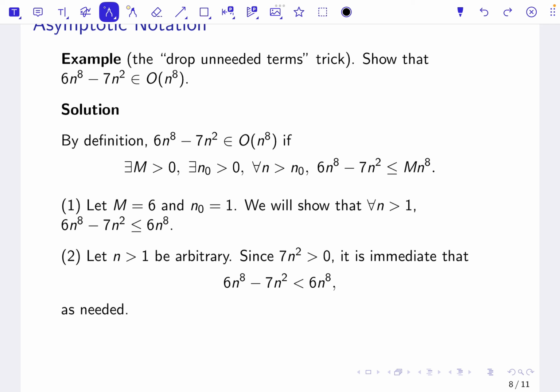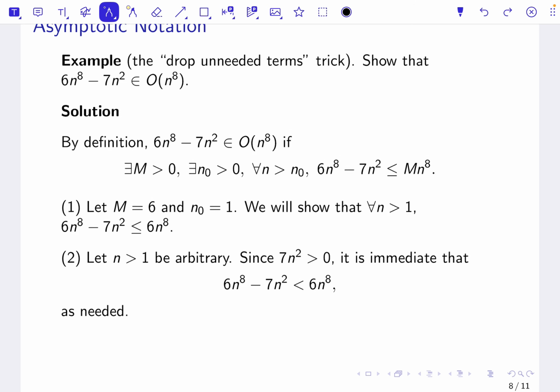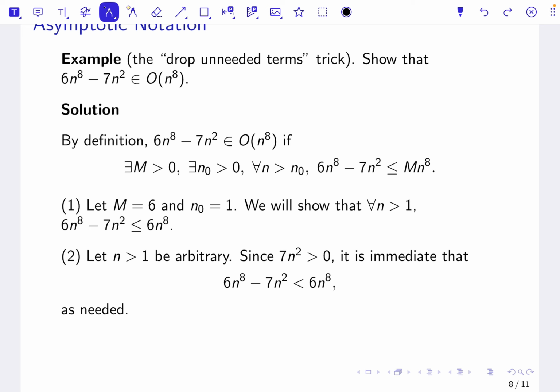Yeah, I can't even expand this. It's just immediate that something minus a positive expression is going to be less than that thing not minus the positive expression. It's cool. So this stuff is usually complicated, but be on the lookout for cases where you could make it simple. Just make sure that the inequalities all check out.